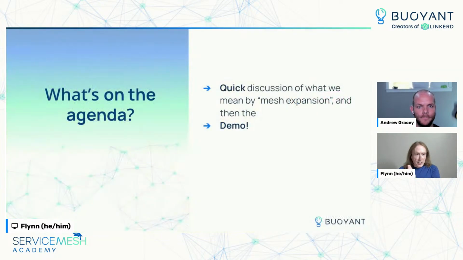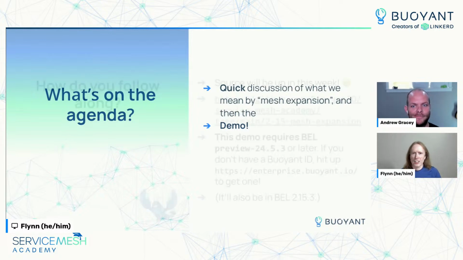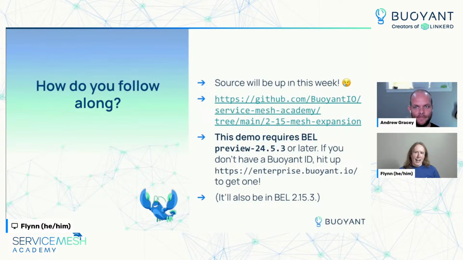And that brings us to the agenda for today. We will be doing a pretty quick discussion of what we mean by mesh expansion, and then we will be rolling into a demo. So everybody should pray to the demo gods. I think the sources are correctly up in the repo right now. It's the same 215 mesh expansion directory that people have seen before.